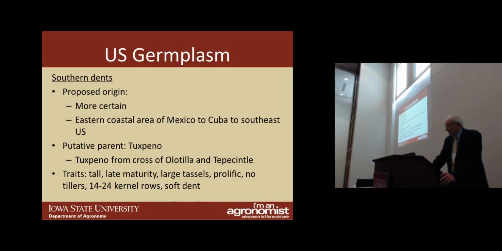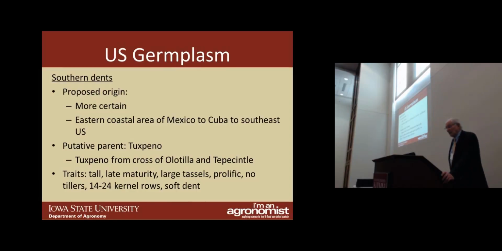The putative parents of Tuxpeno have been traced to the cross between Olotillo and Tepecintle, and contrary to the northern flints, it had a very different phenotype, of course, a long growing season. It was tall, late maturity, large tassels, 30 tassel branches or more, limited or no tillers, more kernel rows, and soft dent rather than a flint, 8-row flint. It was a soft dent with more rows.